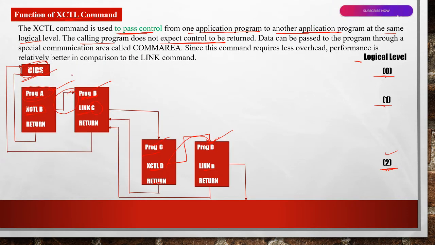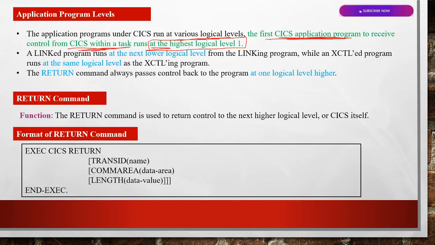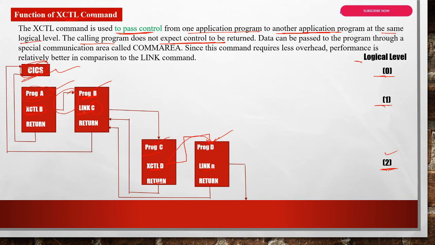Means CICS is at the highest level, level 0, and then our application program is at the second highest logical level, and then a linked program runs at the next lower logical level from the linking program. Means we are linking C program, so it is called at the lower level.